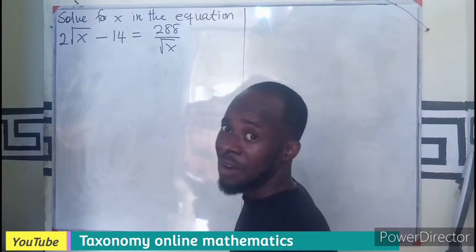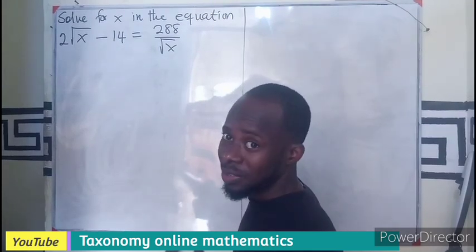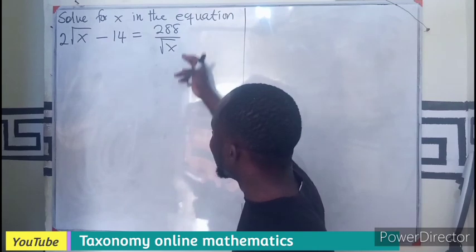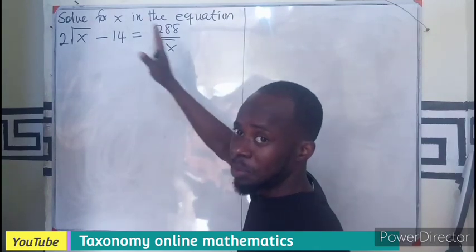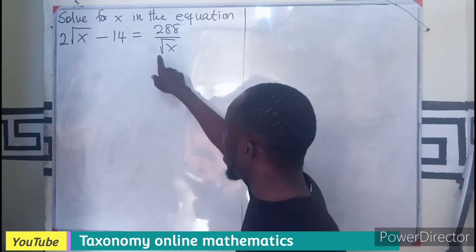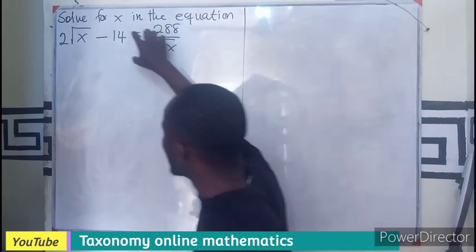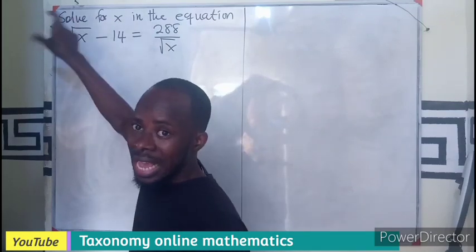But this is involving fractions. So I will first of all use the principle of linear equations, which says that any fraction involved, multiply through by the LCM. So our LCM is going to be the root of what? Root of x. So we multiply each term on the left and the right.